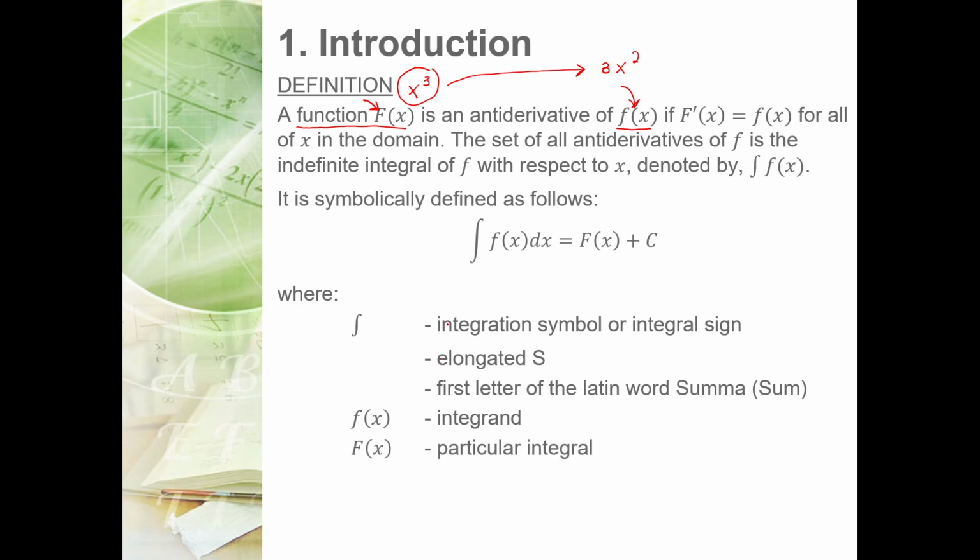The big F of x is the particular integral, meaning that's the resulting equation that you have integrated from the integrand. So ganina, let's say our integrand is 3x squared, so what we have achieved is the x cubed, di ba? Plus c. That's your particular integral.